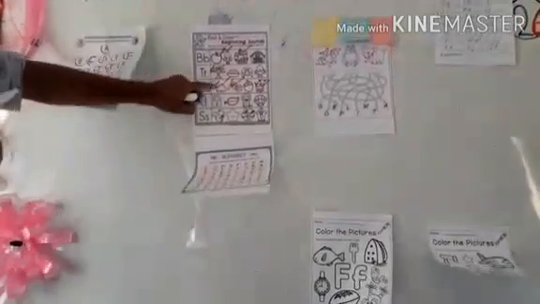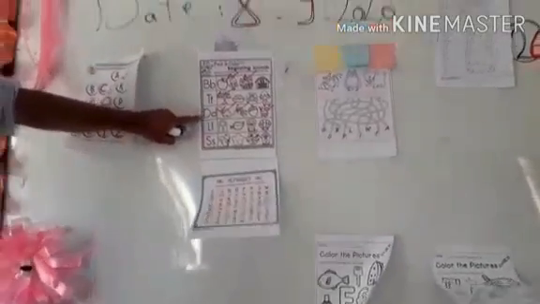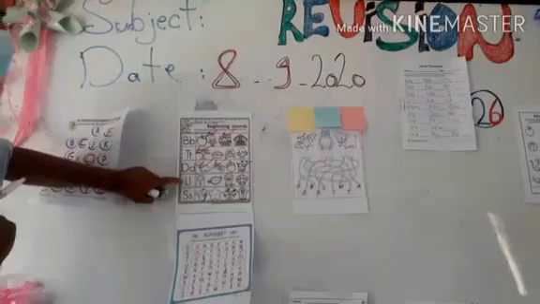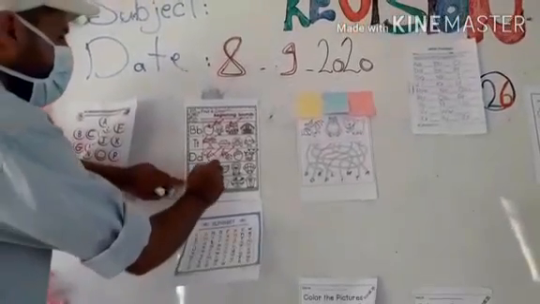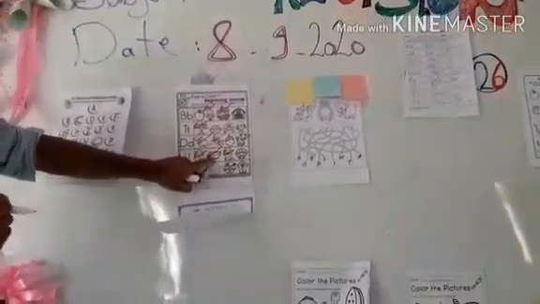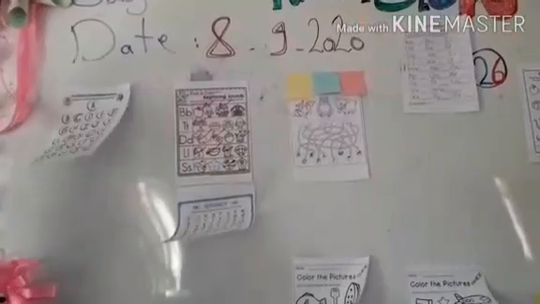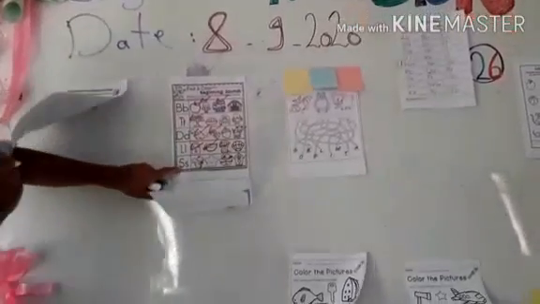These are pictures of the letter D. The next one is the letter L. Here we have look, leave, lion. Look, leave, and lion.